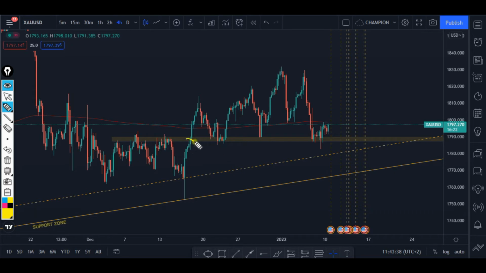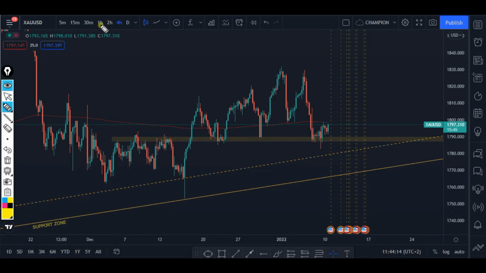And now the market broke this area, came to retest, went up, came to retest and went up, came to retest again and went up. This shows you that this area is respected by our market. The previous resistance has now become our support. So the market respects this area.